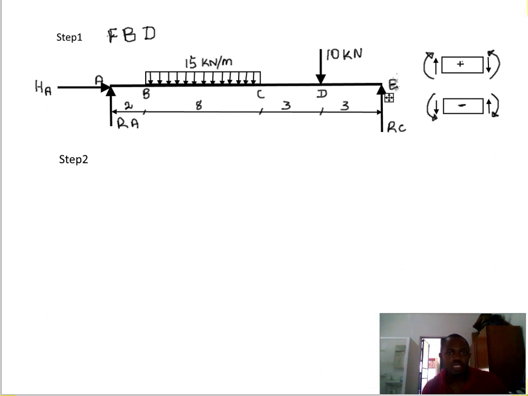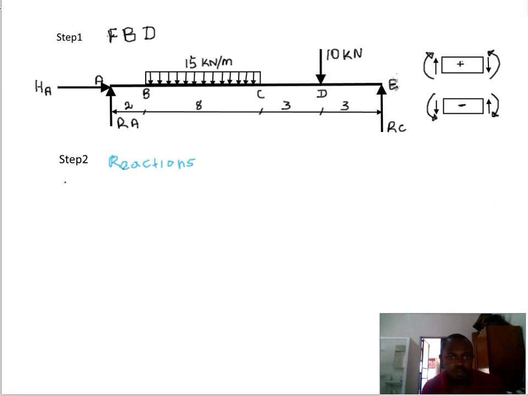That will be calculating the reactions. Now our equilibrium equations. We have 3 equilibrium equations.